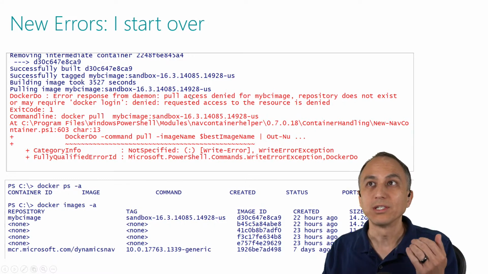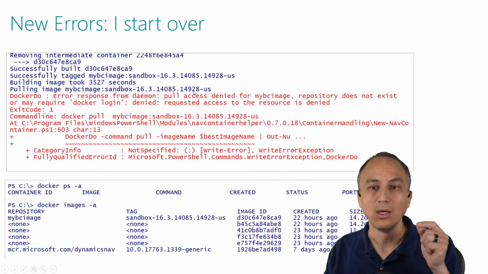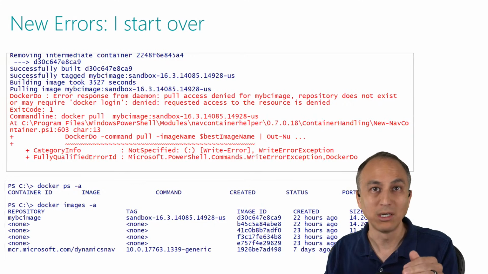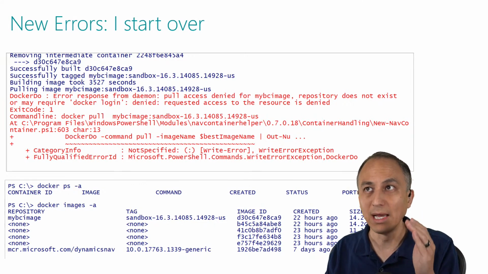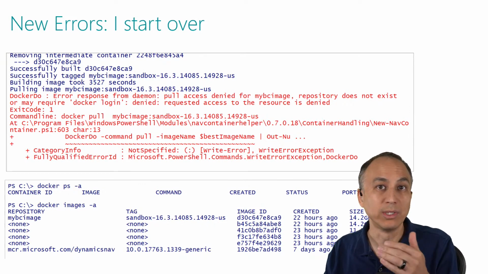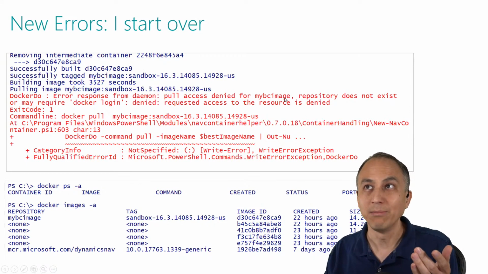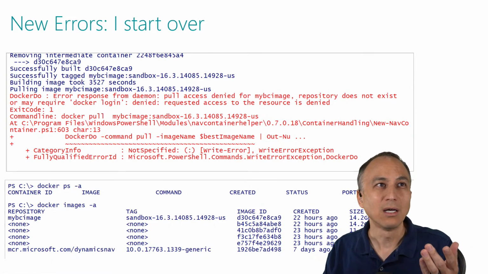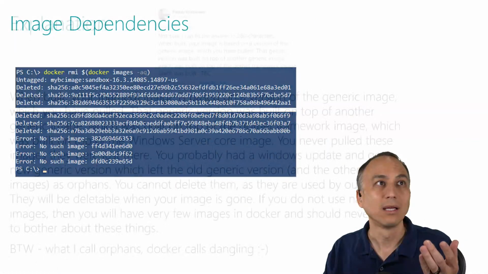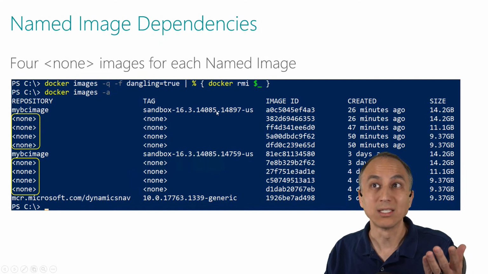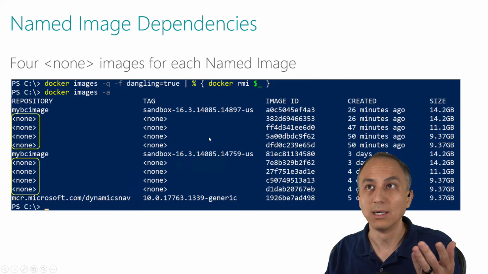So I'm going to try a couple things. I'm going to try creating a new BC container without the named image parameter, see if that works. And then I guess I'll try creating a named image with a different name. Maybe it doesn't like my BC image because I've had that image before. But as you saw back here, I used my BC image twice with two different BC versions.